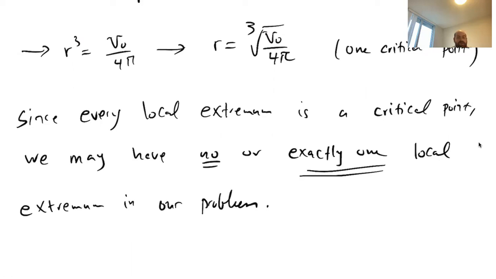How can I know? Well, if this critical point is not a local extremum, then overall we have no local extremum. If this critical point is a local extremum, then overall we have one local extremum. How can we find out? We can either use the first derivative test or the second derivative test.